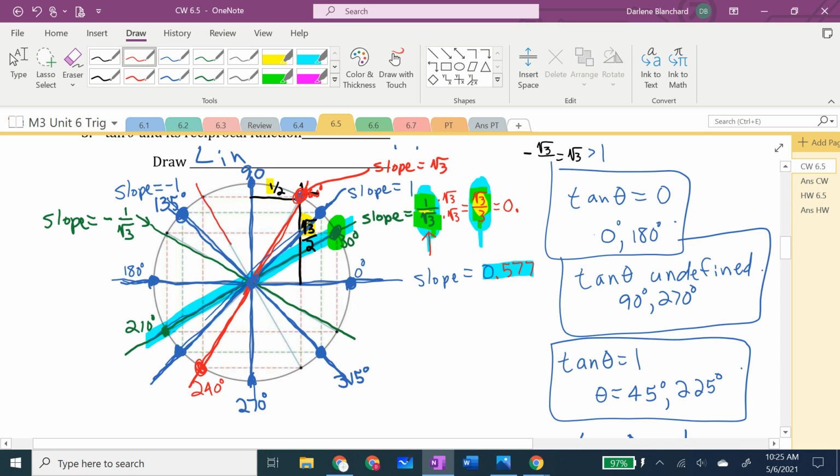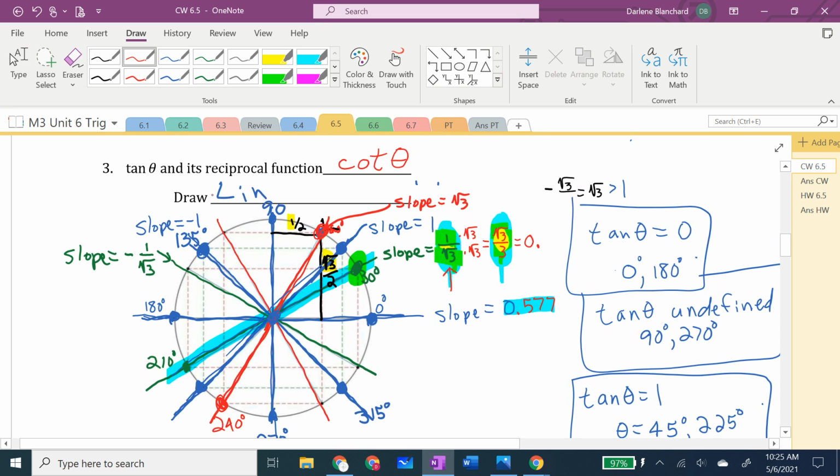Then I have this slope, which is steeper than the -1 slope, but it is a negative slope. And it's steeper than the 1 slope, so it's negative root 3.